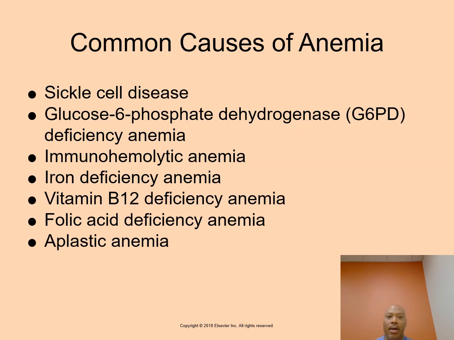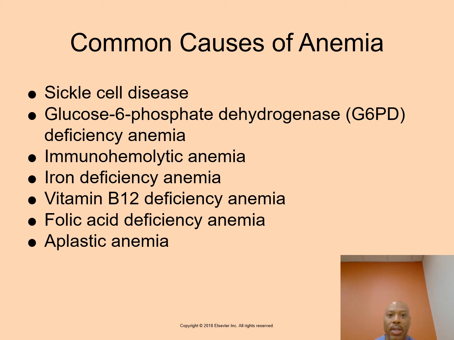Now, common causes of anemia: sickle cell disease, glucose-6-phosphate dehydrogenase deficiency anemia, immunohemolytic anemia, iron deficiency anemia, vitamin B12 deficiency anemia, folic acid deficiency anemia, and also aplastic anemia. So there's a variety of different types.